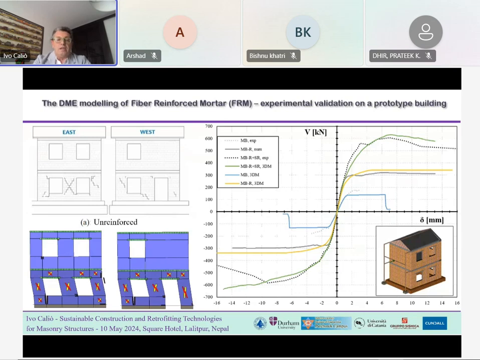Here we can see a comparison between the macro element approach implemented in 3D Macro and the experimental one. The first curve, the blue one and the dotted one, are related to the unretrofitted building.